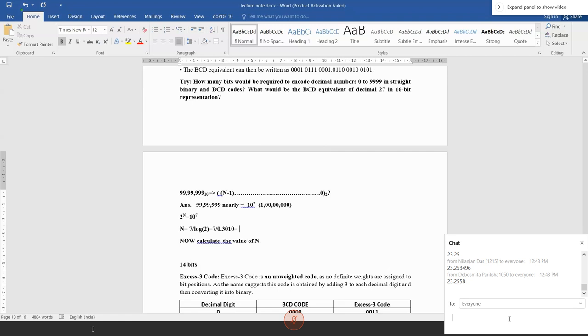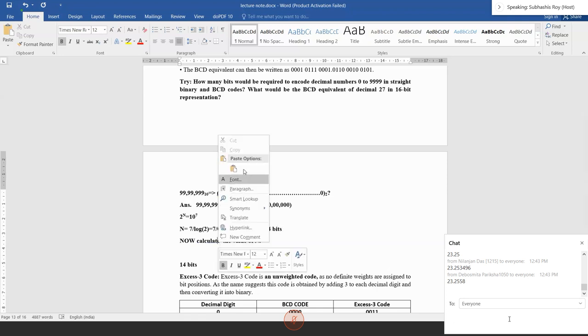That means you require nearly 24 bits. So to represent this big number in binary, you require 24 bits. The first bit position will be 0 and the last bit position will be 23, which is why I have represented it this way.